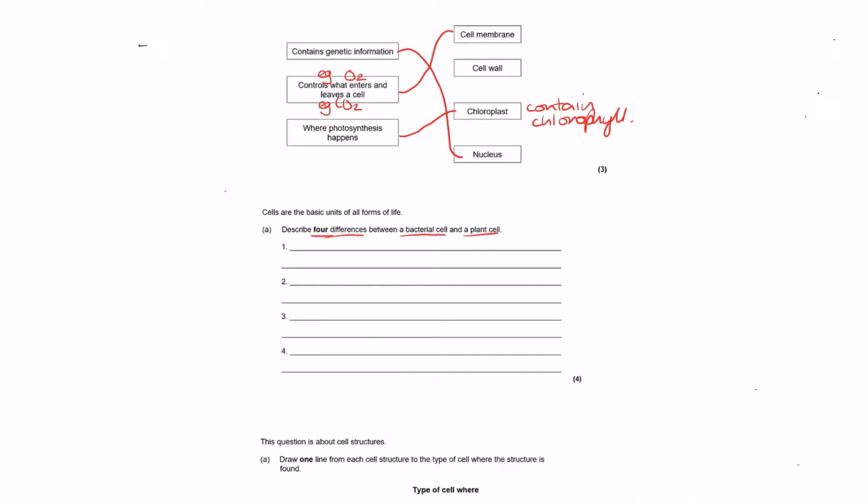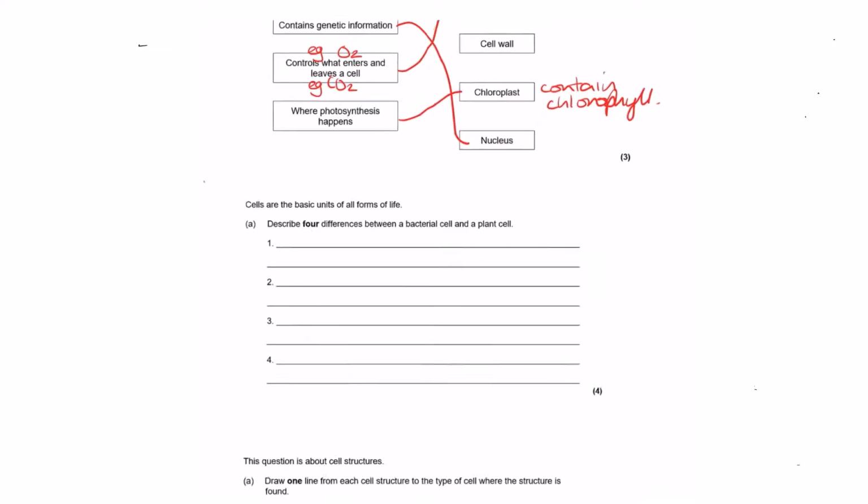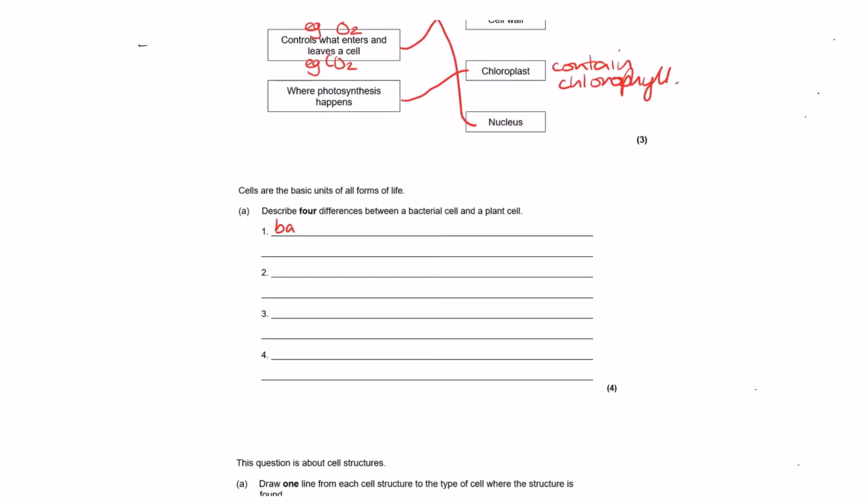Okay, so when looking to answer this question, for me, I feel that the most coherent answer, which builds on work that we've done in terms of understanding the differences and similarities in structures, are as follows. First and foremost, bacterial cells do not have a nucleus.